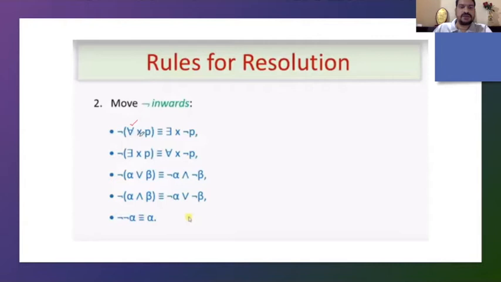It says for all x p, and that is all negated. When we want to put this negation inside it, we have to convert the universal quantifier to existential quantifier, x and then negation p, so that negation will be coming inside.